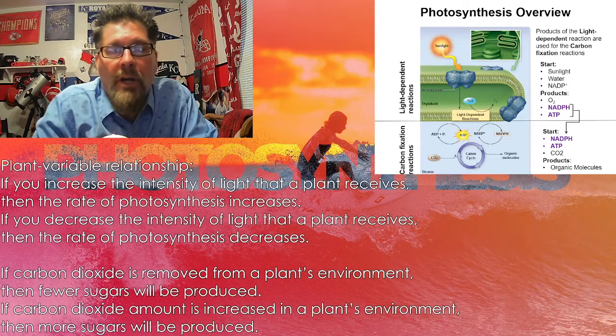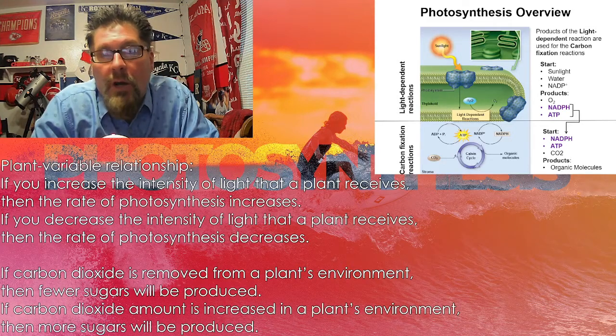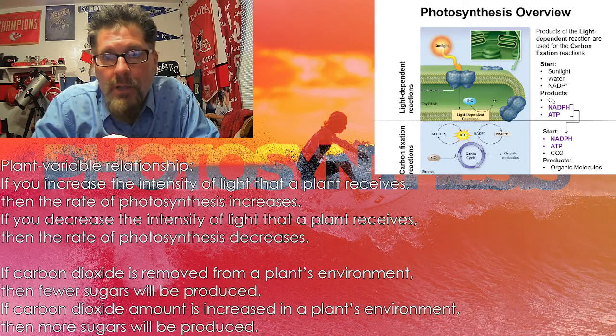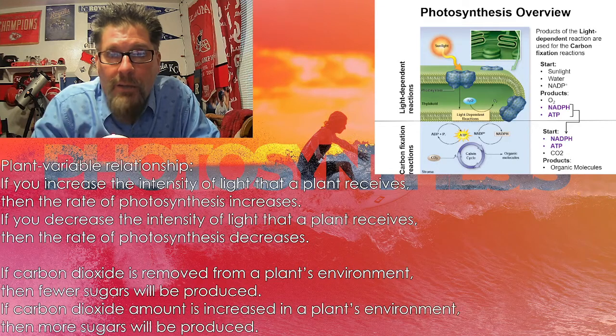But back to the relationships, it relies on the sun's light energy. That's super important. So if that light energy is increased, in other words, we get more of it, then we're going to increase the photosynthetic process. If we decrease that, the opposite happens.